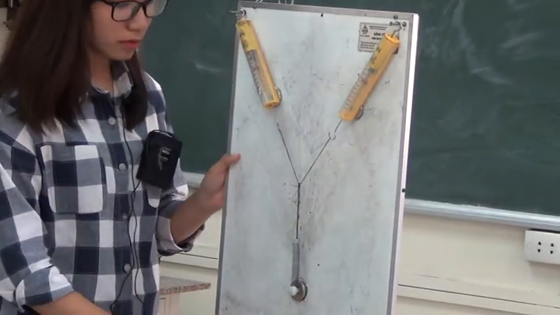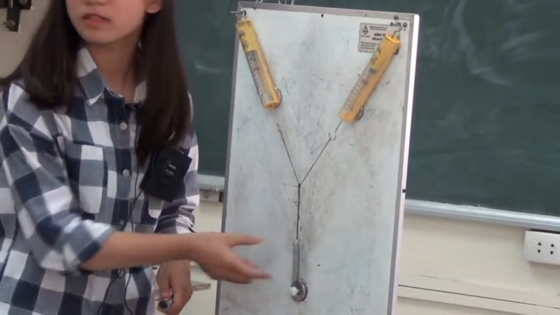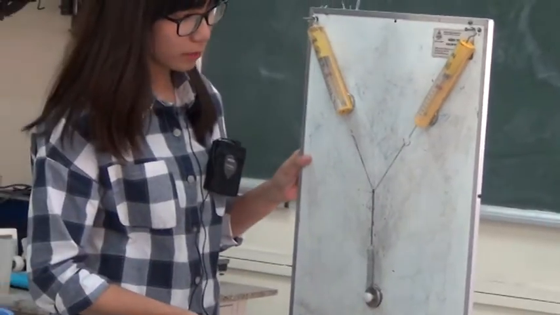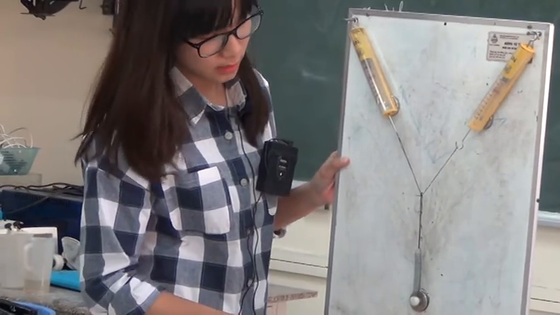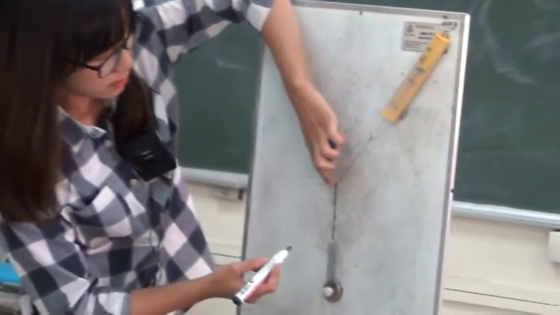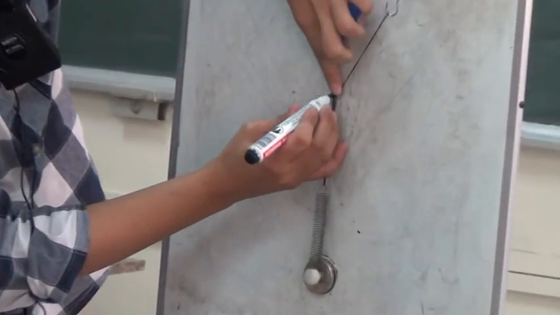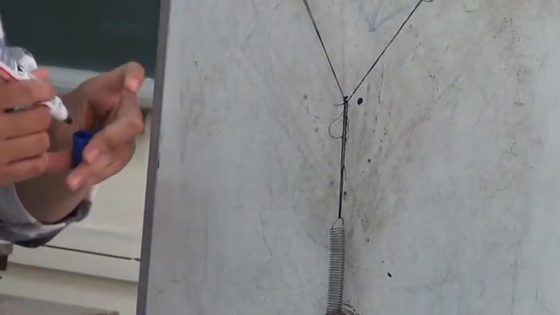So we can see that this one will be deformed. I will mark the position that is deformed in this way, in this position, like this.